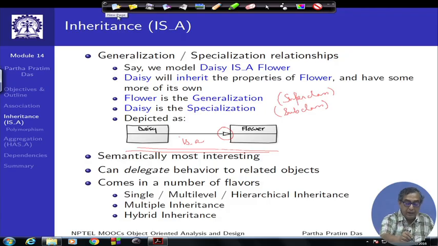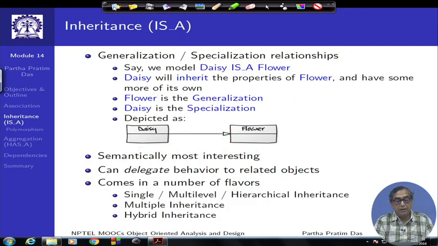Now, semantically, certainly inheritance is the most interesting relationship to find amongst classes, and it can be used to delegate the behavior to related objects. And we have seen while discussing the relationship amongst objects, that inheritance could be of various different kind, single, multi-level, hierarchical kind of inheritance, or it could be multiple inheritance, or it could be hybrid forms of inheritance.